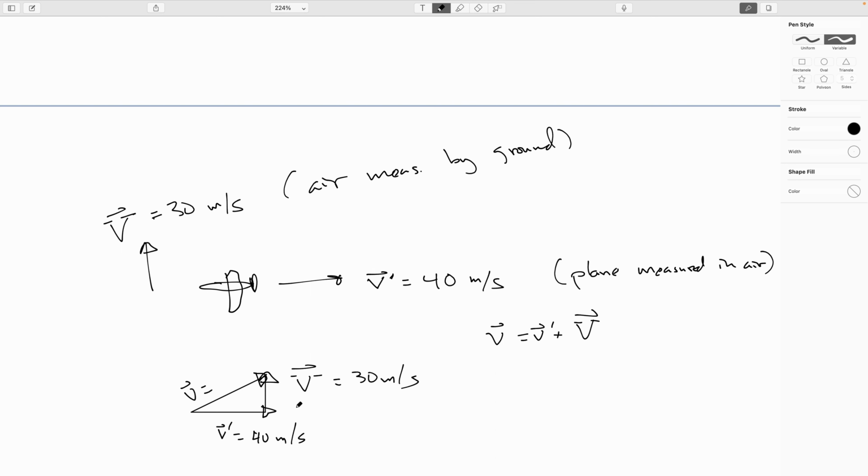And by the Pythagorean theorem, this will work out to be 50 meters per second at an angle of 37 degrees north of east. And generally, that's how you do this sort of thing. I find it easiest to just plain draw out the vector sum for these velocities for whatever the problem is asking for, rather than getting totally hung up on the equation itself.